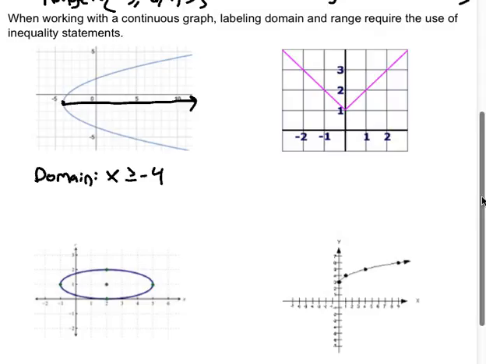Now, let's look at the y values for the range. All right, for my range. So my range, again, it's starting at that value sort of, but now I see it's going up forever, right? The arc is going to be climbing, climbing, climbing forever.